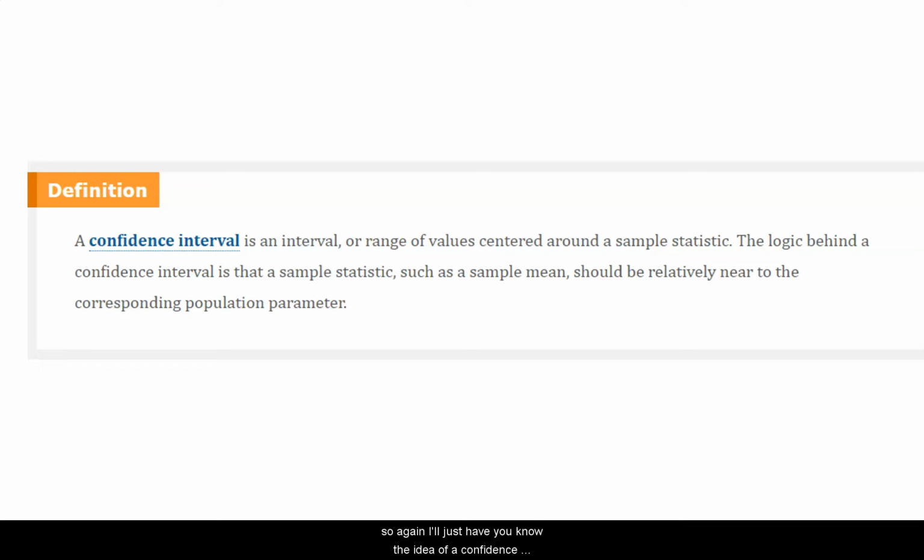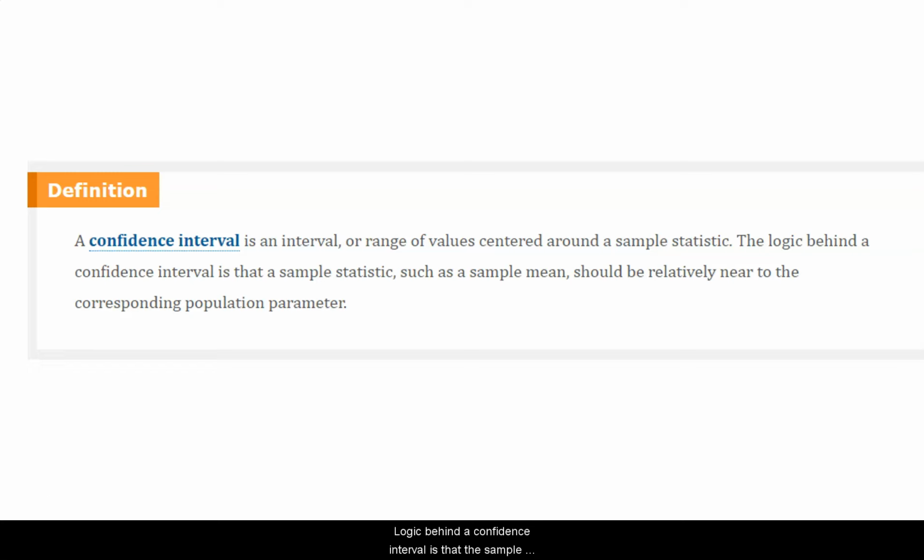So again, I'll just have you know the idea of a confidence interval. I felt like explaining it to some degree, but nonetheless, we just don't have the resources really to get into it. I would have dedicated probably 2 class periods to this under the normal semester, but I think we've bitten off enough. So a confidence interval is an interval or a range of values centered around a sample mean.